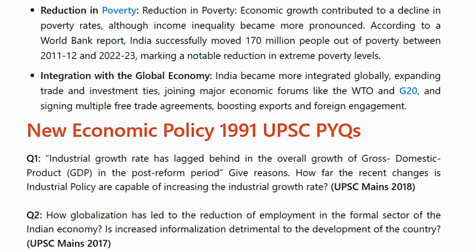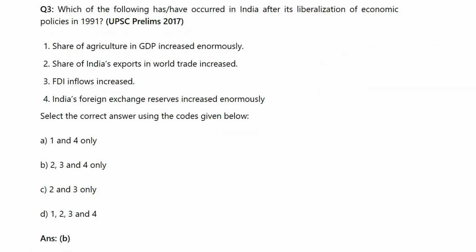Q3. Which of the following have occurred in India after its liberalization of economic policies in 1991? UPSC Prelims 2017. 1. Share of agriculture in GDP increased enormously. 2. Share of India's exports in world trade increased. 3.